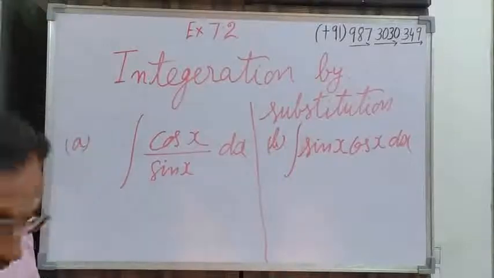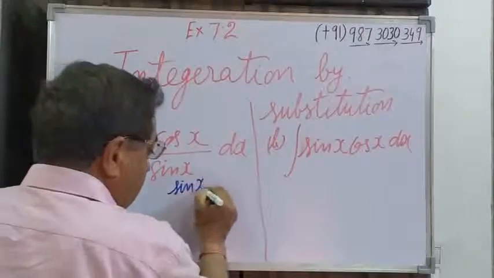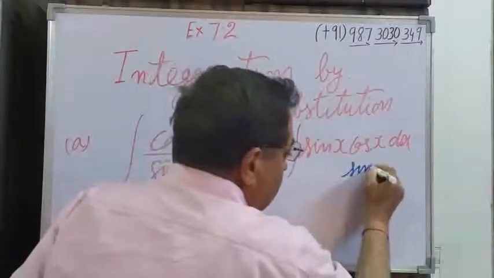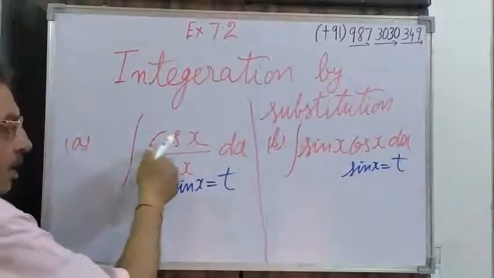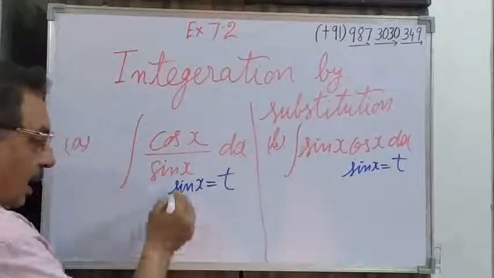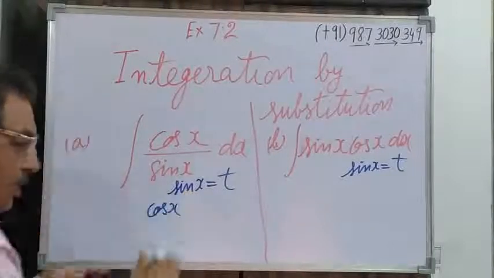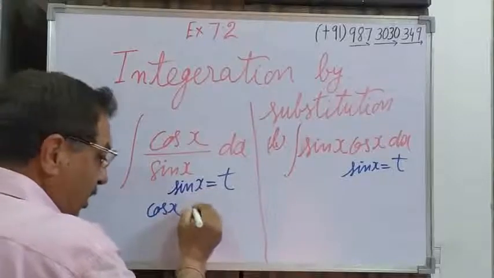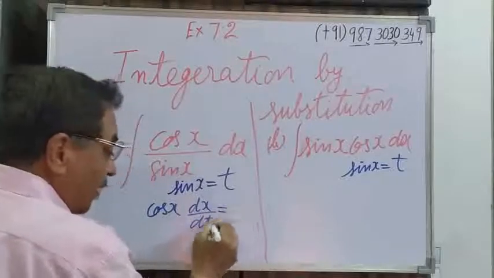We let the function sin x equal t. Here also, let sin x equal t. The reason is that the function and its derivative are present. So the function is taken as t, and its derivative, the derivative of sin x, is cos x. Then the derivative of x is dx by dt with respect to t.